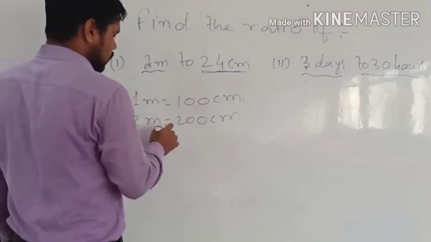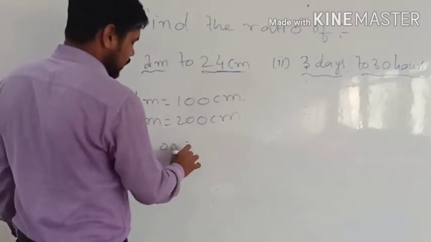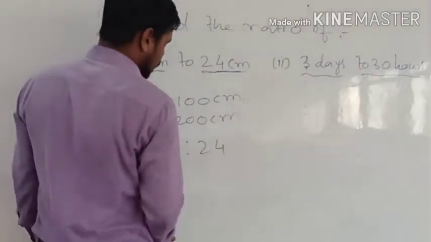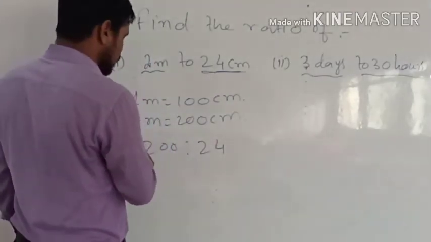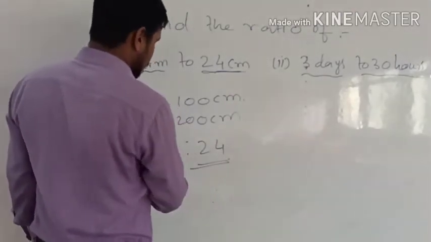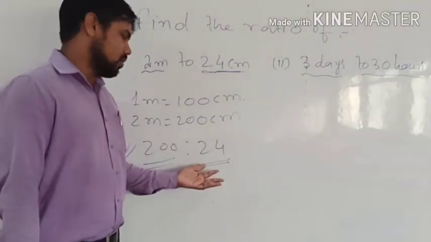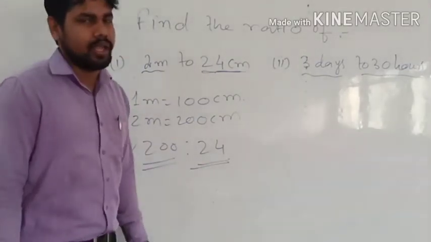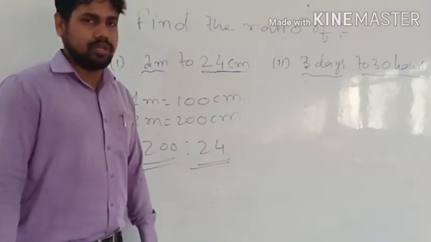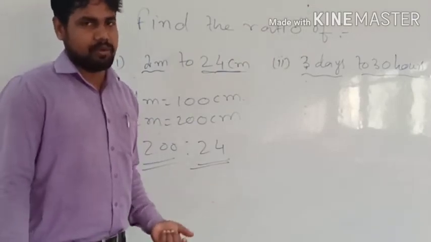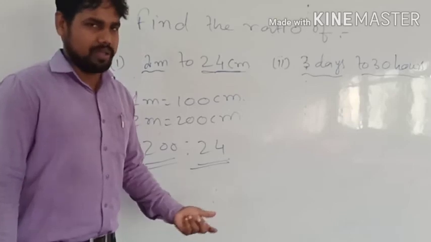So the final ratio will come 200 ratio 24. Okay. So now you can find the ratio of these two, or you can reduce this into the simplest form. Now you have already learned about the rest of the process. Now you can reduce it into the simplest form by dividing by the same number, finding the HCF and all. Those methods we have learned.